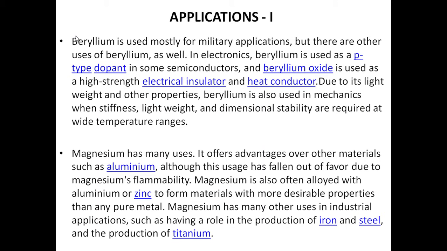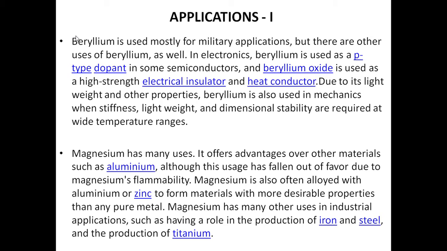While having an important role in their biological activities, the group 2 elements, the alkaline earth metals, have some useful applications. Beryllium is used mostly for military applications, but there are some other uses as well.